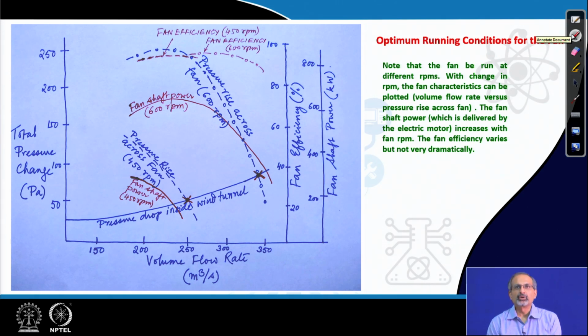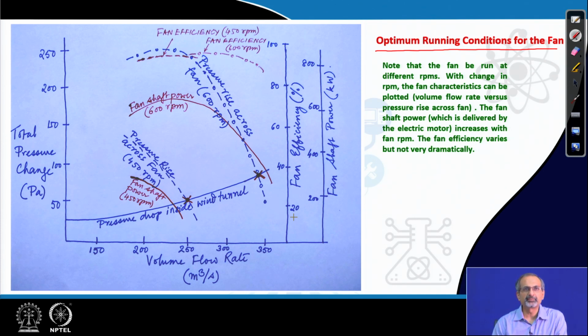Let us have a quick look at the optimum running conditions for the fan. We have taken figures from a computational study which was done for a large facility in the form of a closed circuit wind tunnel, and some of these figures are representative of that simulation.